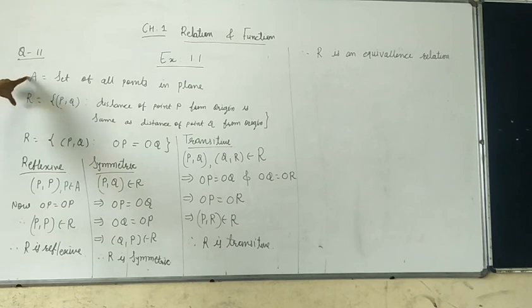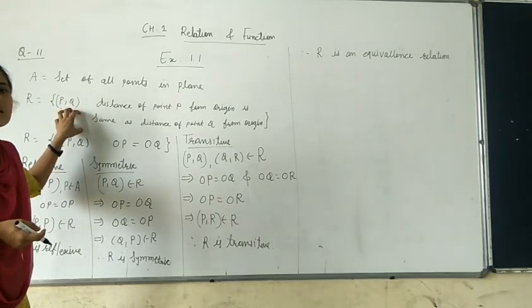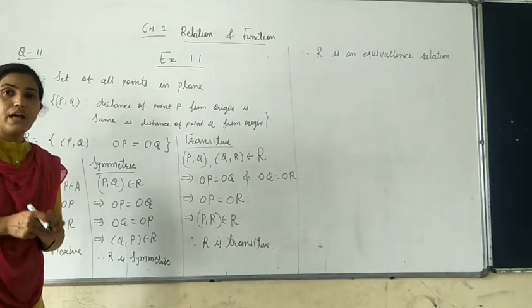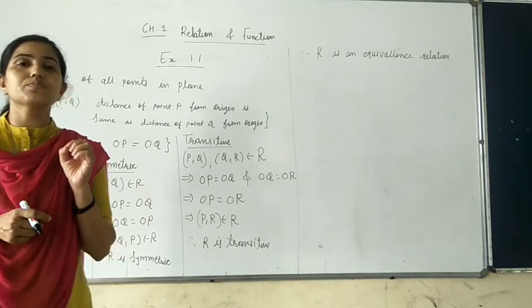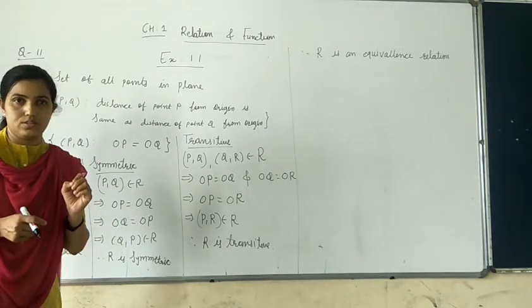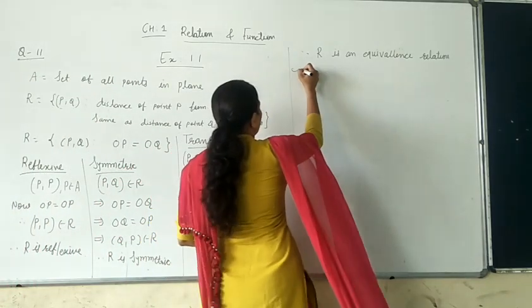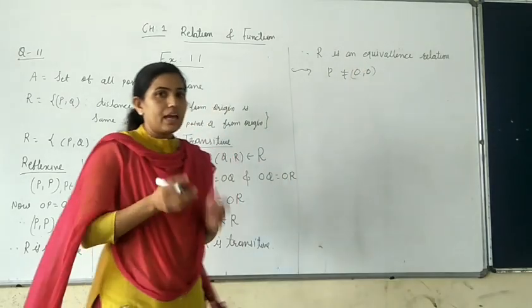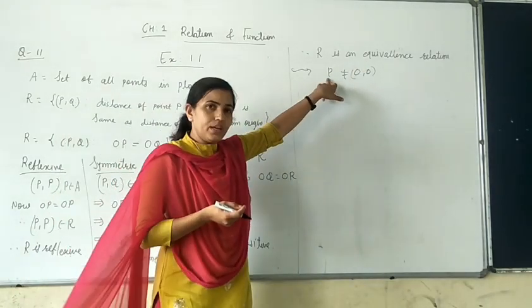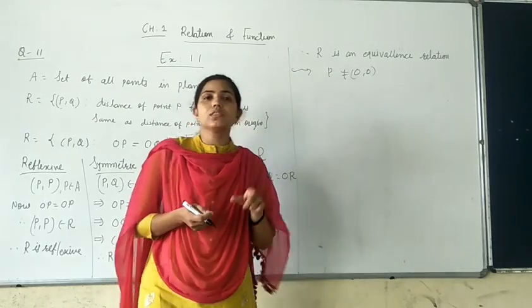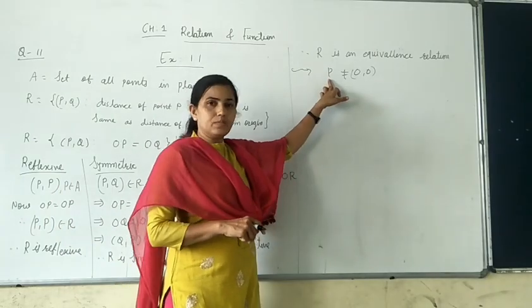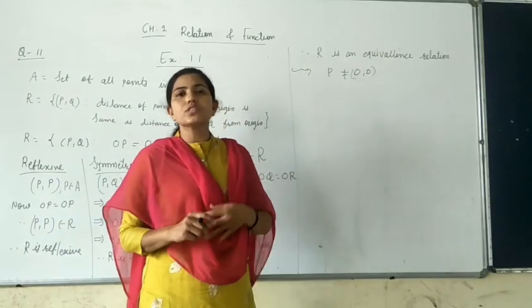Question number 11, A and R are defined. Then first they ask to show that this R is an equivalence relation. Now further they ask us to show that for every point P which is not equal to the origin, the set of all points related to P is the circle which passes through the point P and has its center at the origin.